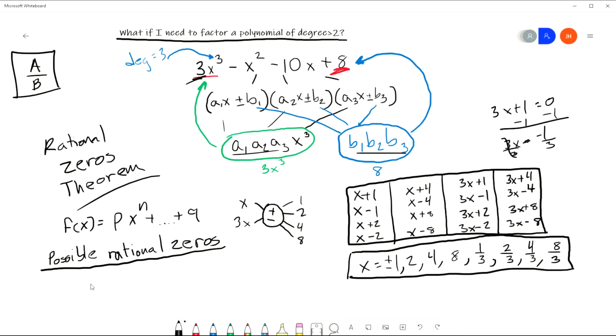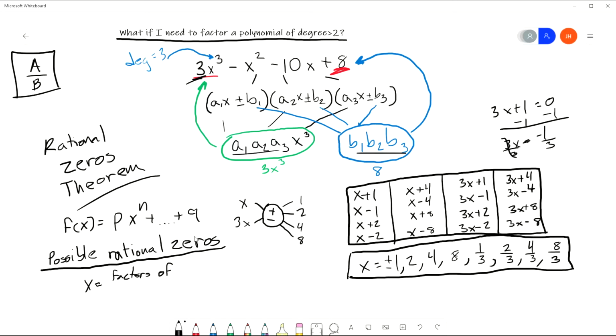Well, it's going to be equal to a combination of all of the factors of the constant. See how the factors of 8 were all of our possible x values on the numerator?